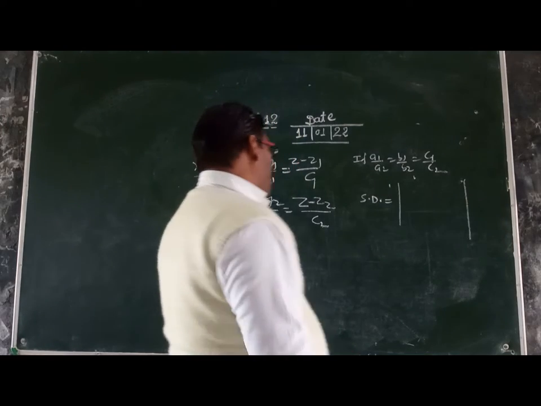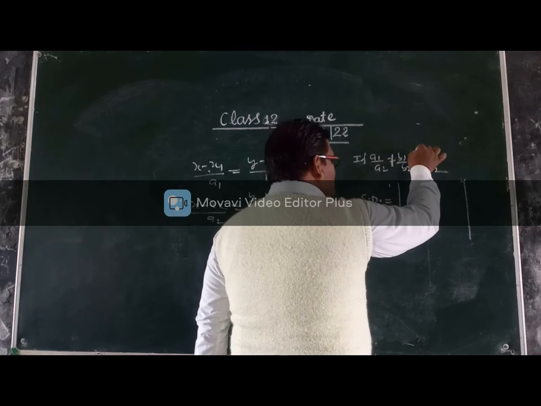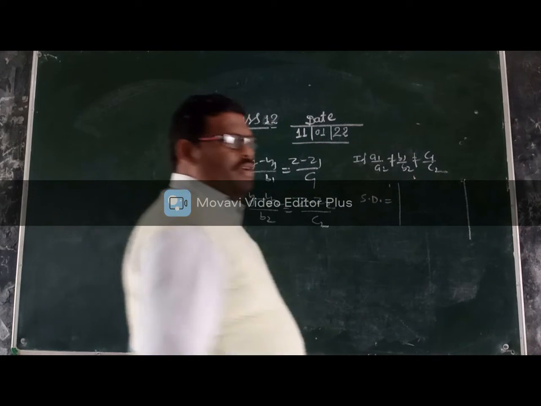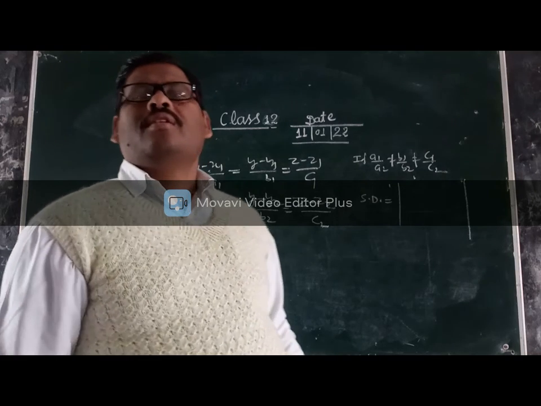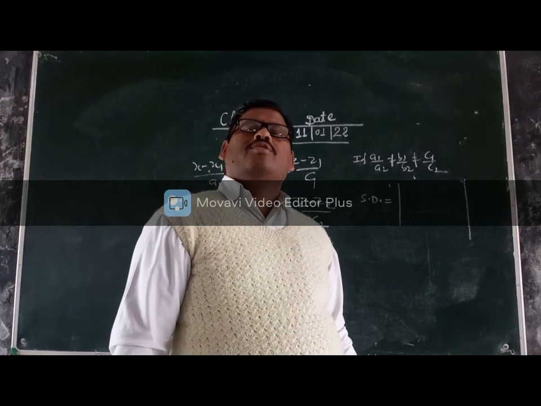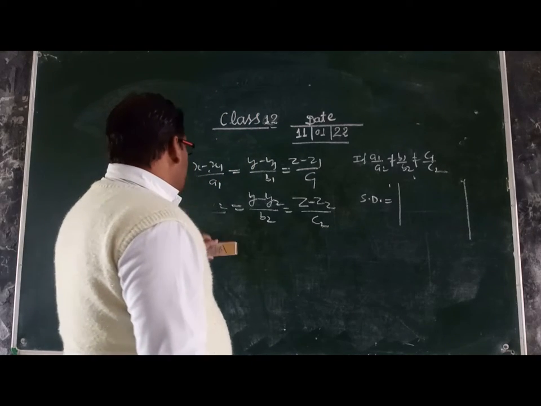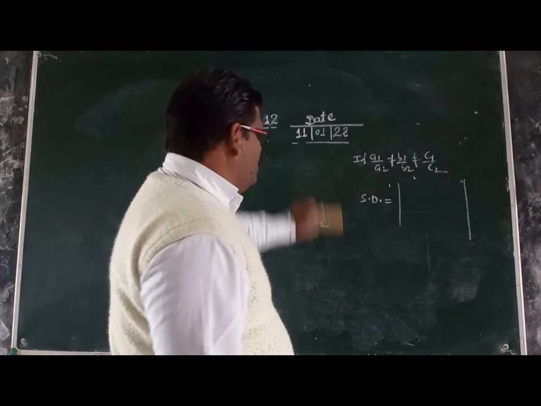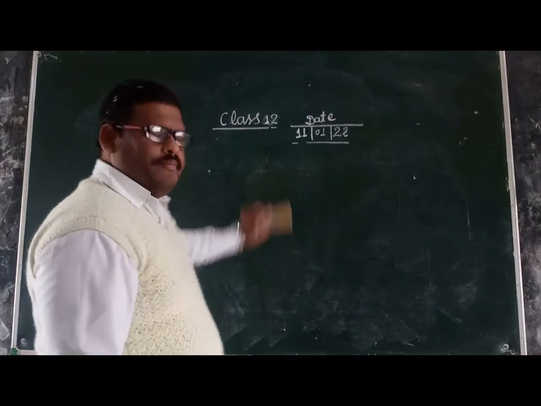But in the case of a1 by a2 not equal to b1 by b2 not equal to c1 by c2, that is the condition for the given lines to be skew lines. In the case of skew lines, how can you find the shortest distance between the lines in Cartesian form?